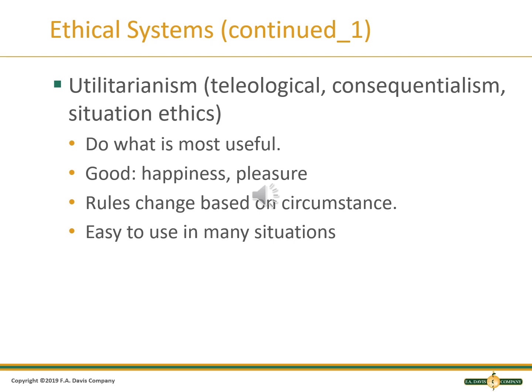Under utilitarianism, the greatest good might be to decrease the financial burden on this young mother, and to achieve that, she would abort the pregnancy. So the end goal of utilitarianism is happiness.